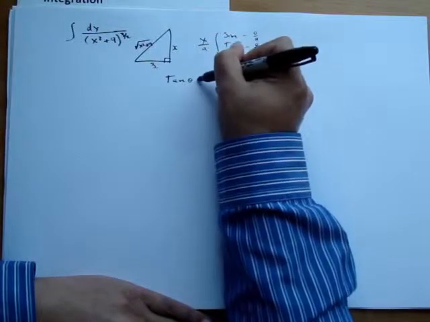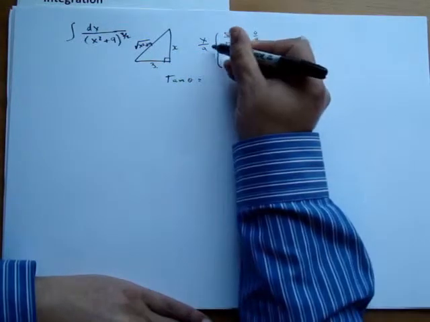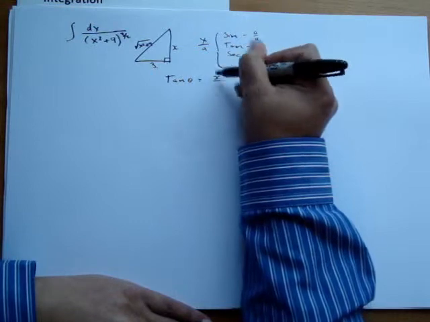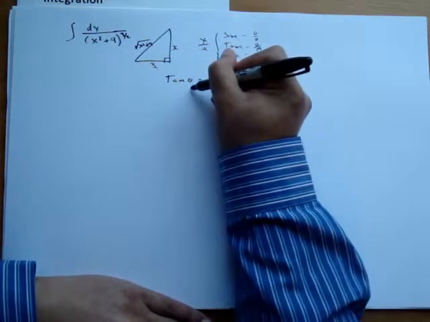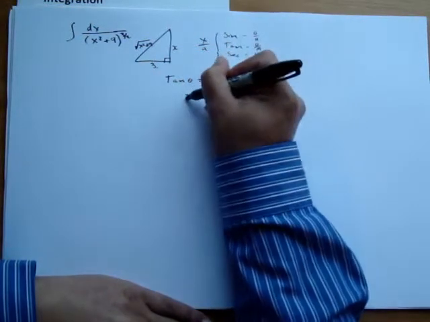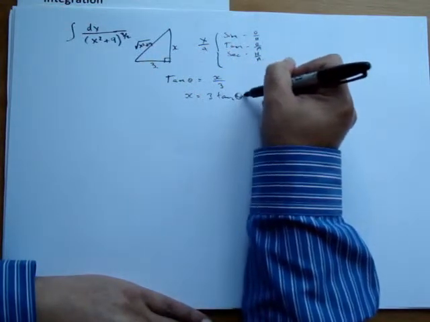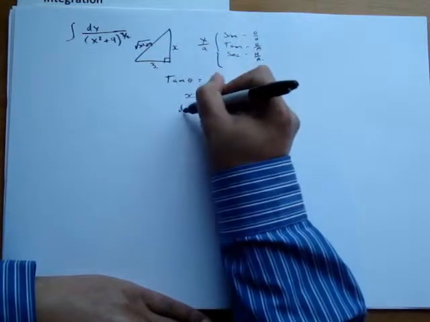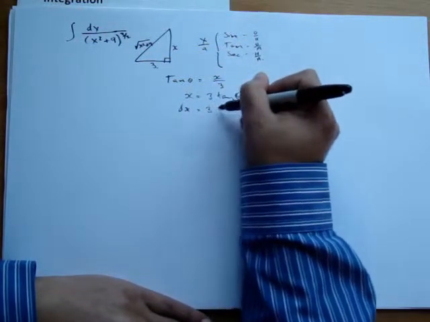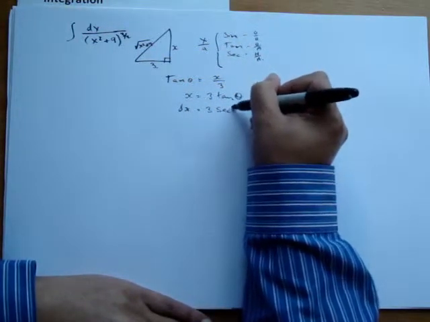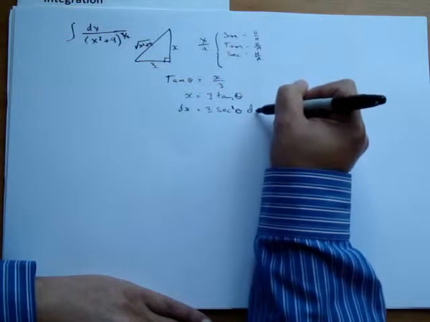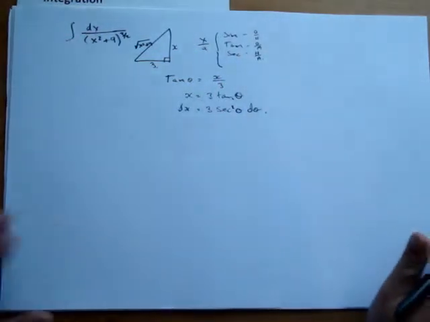Tan theta equals x over a, which is x over 3. So x equals 3 tan theta. dx is 3 sec squared theta d theta.